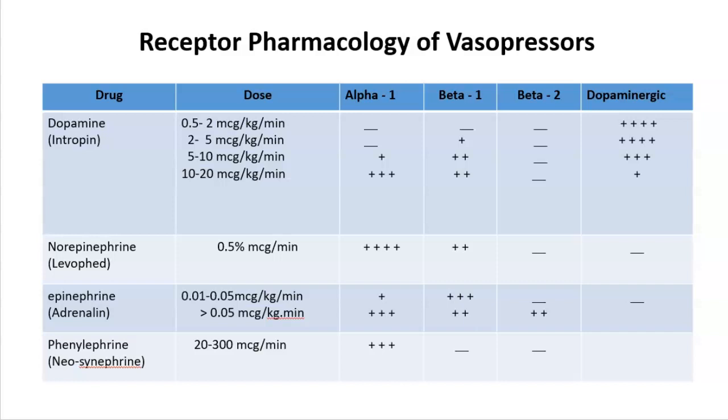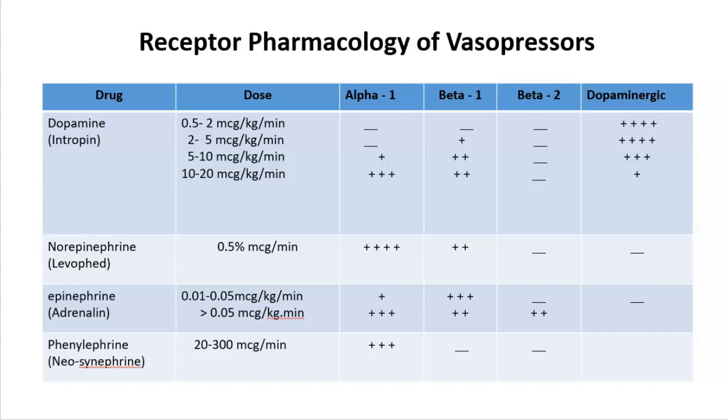Note how potent the epinephrine is in a small dose, whereas dopamine and norepinephrine are different. Phenylephrine is a pure alpha agonist, so it does not affect beta 1, beta 2. The only one that has dopaminergic effects is dopamine. So again, this is something that you may want to take some time and look it over.